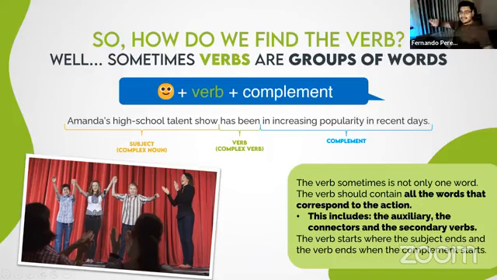The verb starts where the subject ends, which is the end of the subject is the start of the verb, like this. And the verb ends when the complement starts, including all the connectors, secondary verbs, and everything. All the different components.